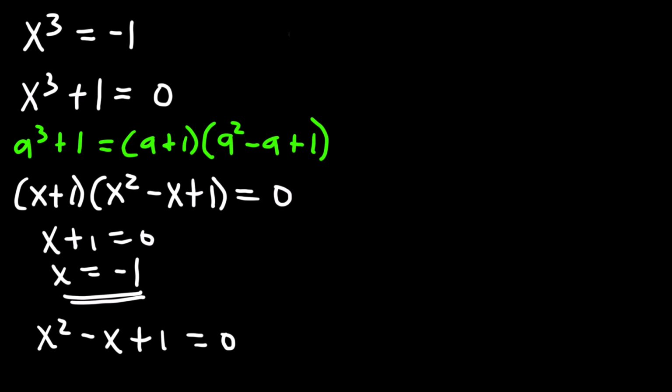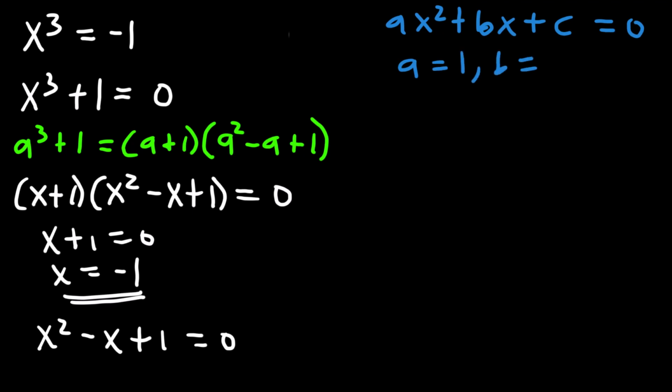We have a quadratic equation in the form of ax to the power of 2 plus bx plus c equaling 0. And in this case, our a is 1, b is -1 and c is +1. And to solve this, we shall use the quadratic formula.